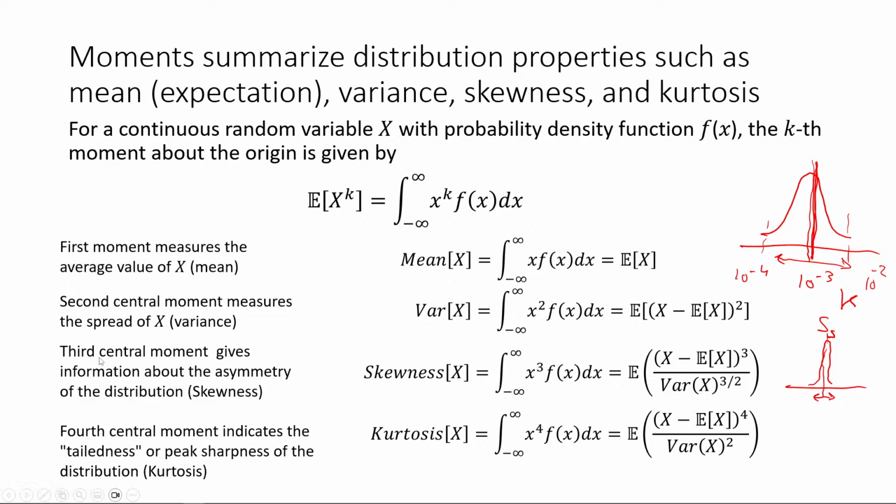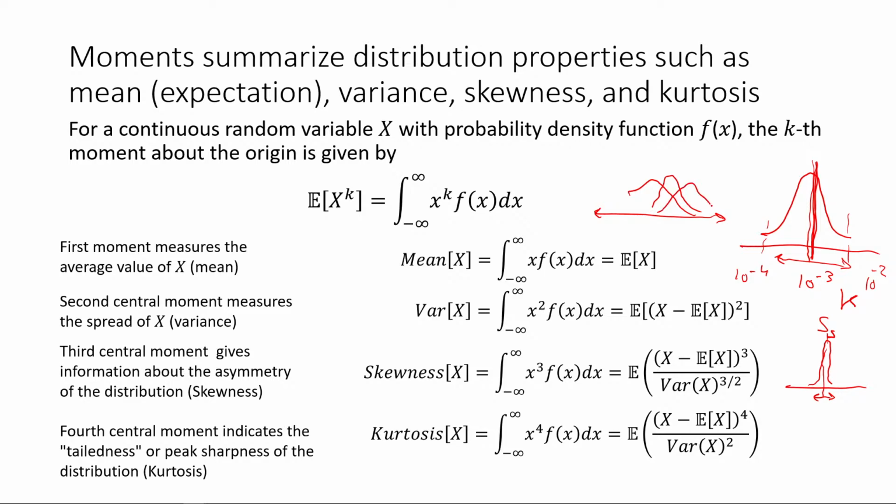The third central moment gives you information about the asymmetry of the distribution, the skewness. Your distribution could be a normal distribution, skewed to the left, or skewed to the right. My handwriting is not good.